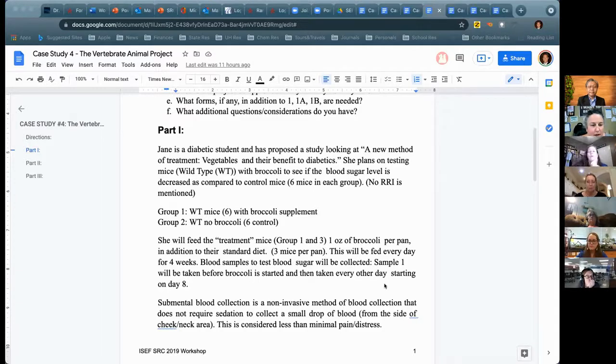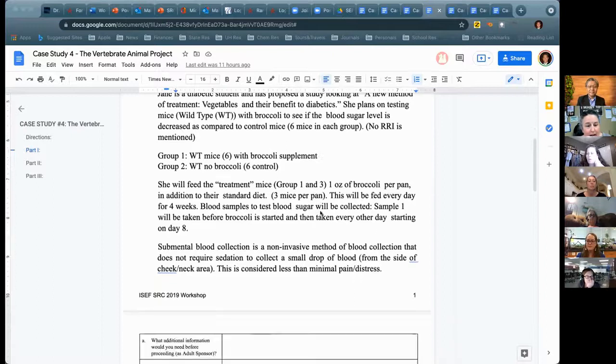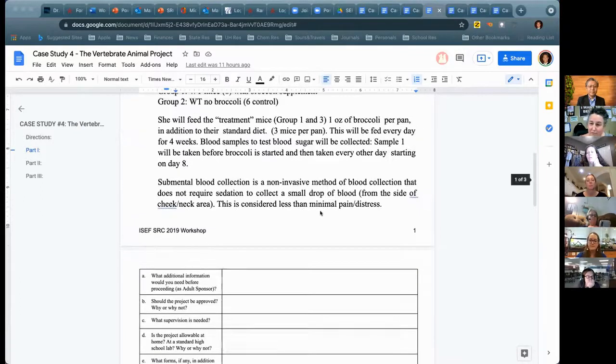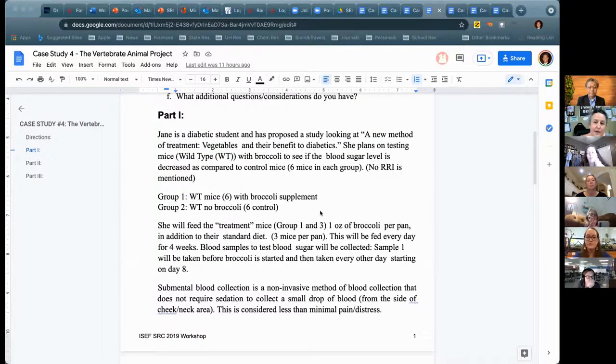We had a lot more questions than firm answers. There was some question about whether it would definitely require your veterinary form, the vertebrate animal form, your risk assessment form, and the potentially hazardous biological agent form, as she was actually going to test the blood of the mice.